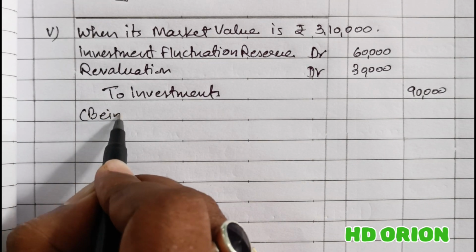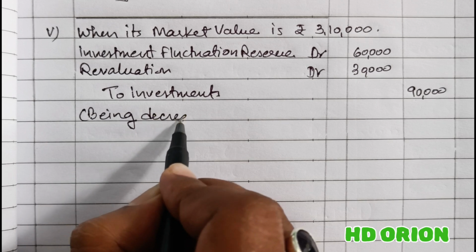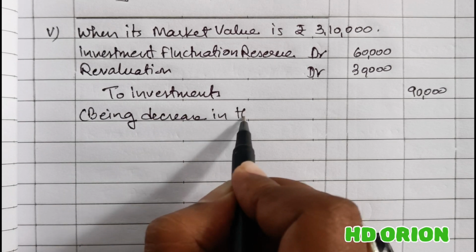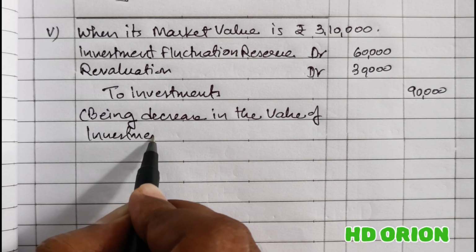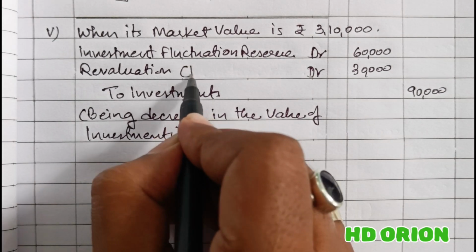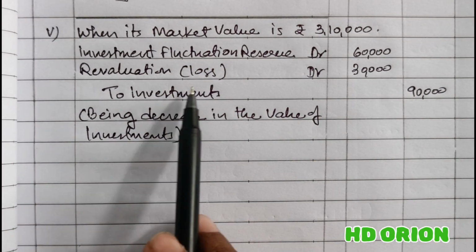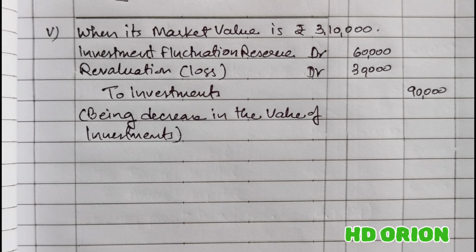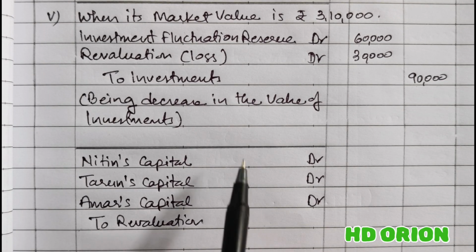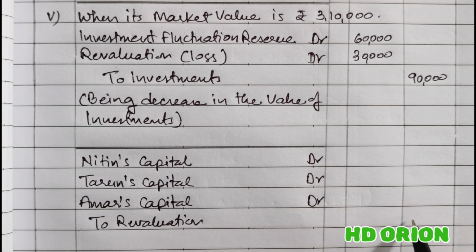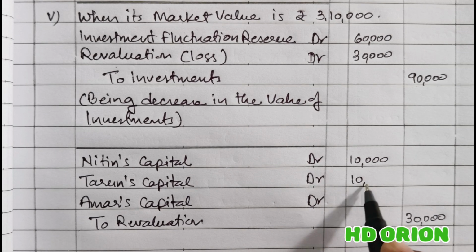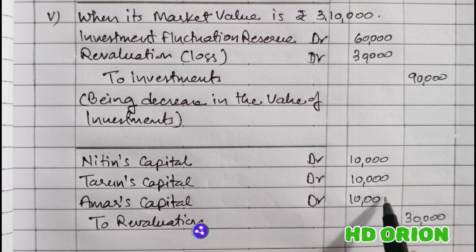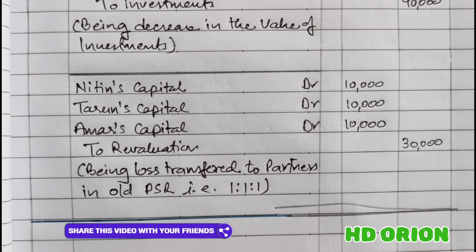So we can write here, being decrease in the value of investments. This is a loss to the partners. So this loss will be transferred to partners capital account in their old profit sharing ratio, which is 1:1:1. So 10,000 rupees each partner will get. So this way the question is to be solved.